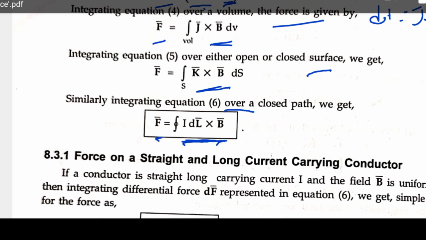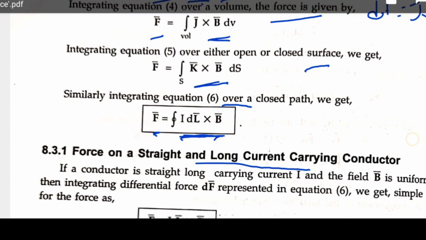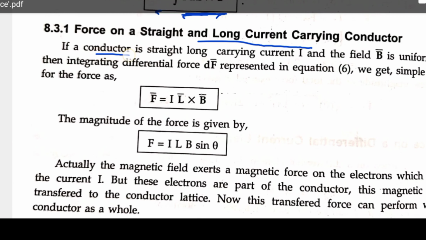Now, force on a straight and long current carrying conductor. Let us go for that. A long straight current carrying conductor, where I is the current and the flux density B bar is uniform.